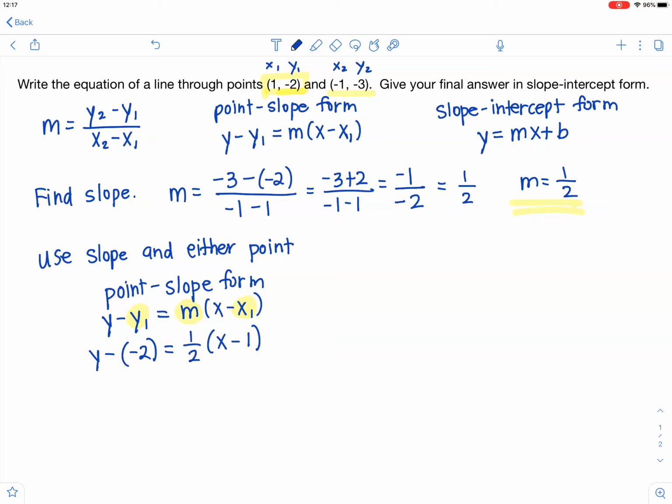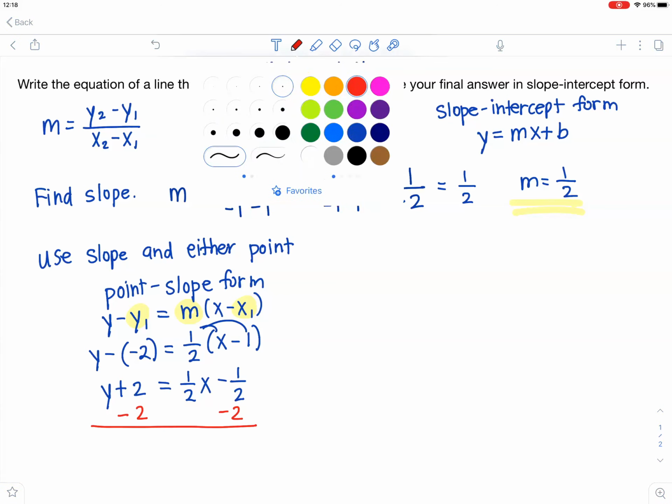We are asked to give our final answer in slope-intercept form, so we do have some simplifying to do here. I get y plus 2, and then distributing equals 1/2 x minus 1/2. Then I will go ahead and subtract that 2.